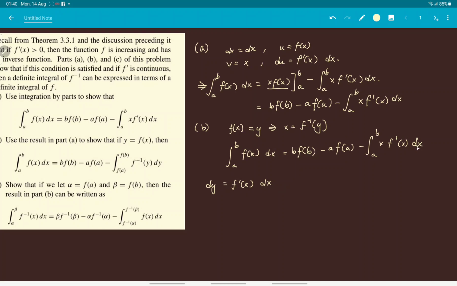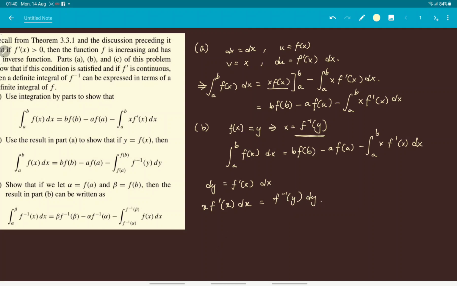We are going to change all this in terms of x into terms of y, and we know that x equals the inverse of f(y). So x times f prime x dx means that we are taking this inverse of f(y) and we multiply with dy.